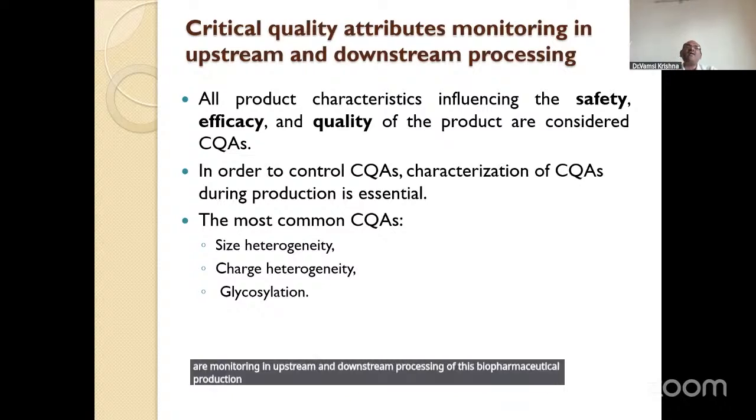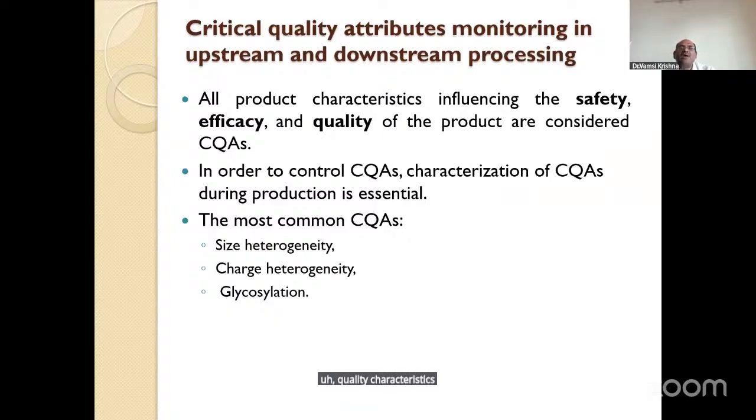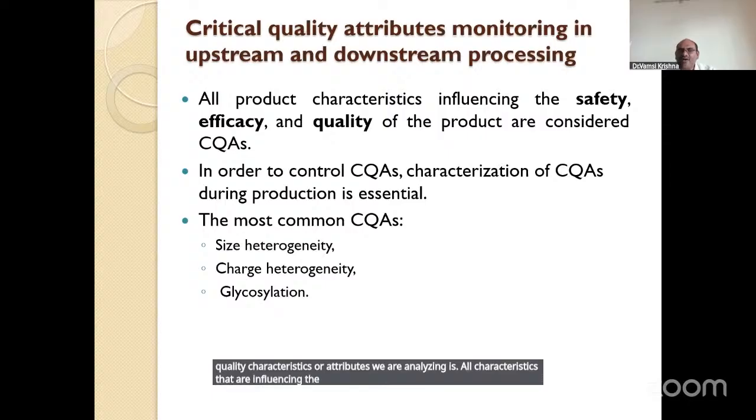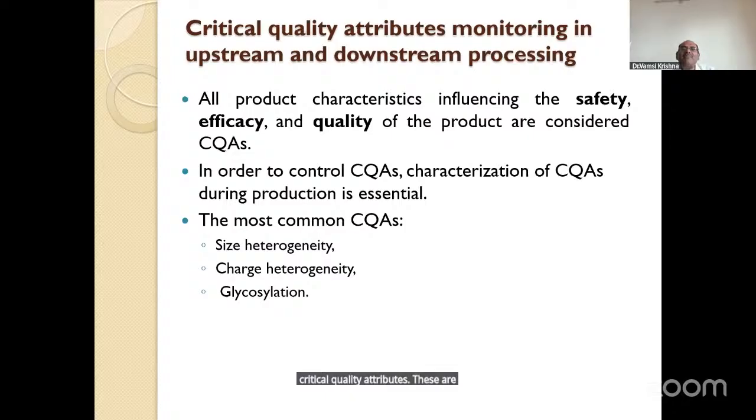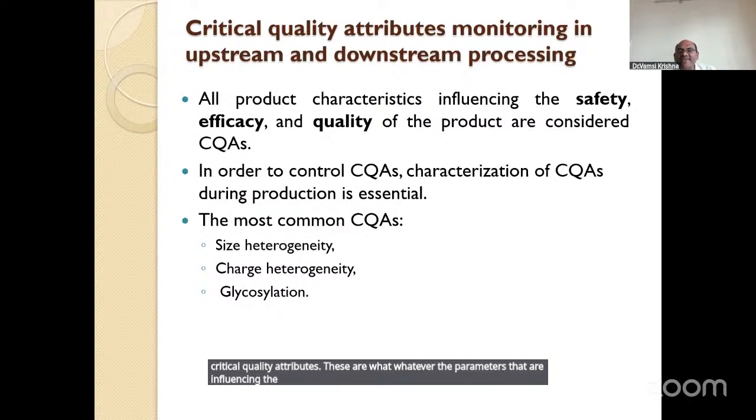The critical quality attributes, or critical quality characteristics, are all the characteristics that influence the safety, efficacy, and quality of our product. Whatever parameters influence the safety, efficacy, and quality of a product, we call them critical quality attributes.